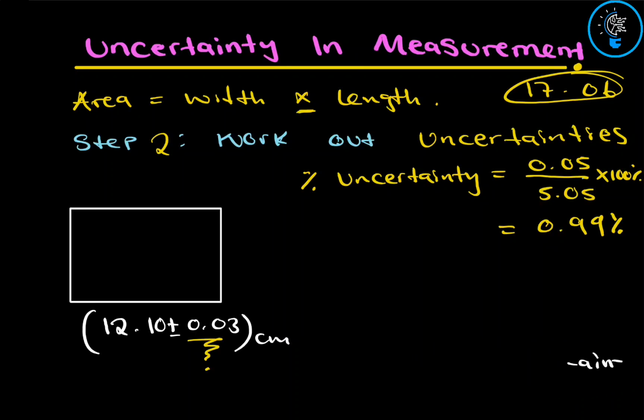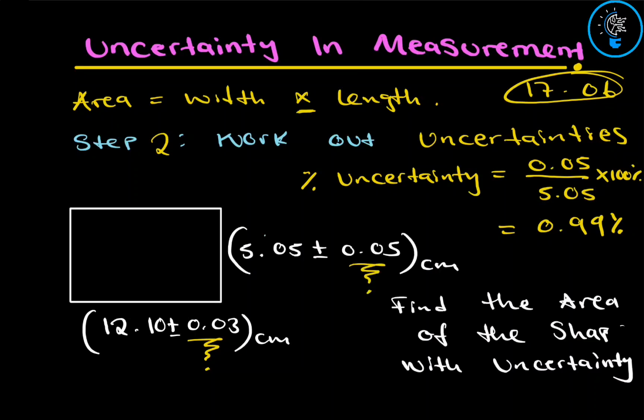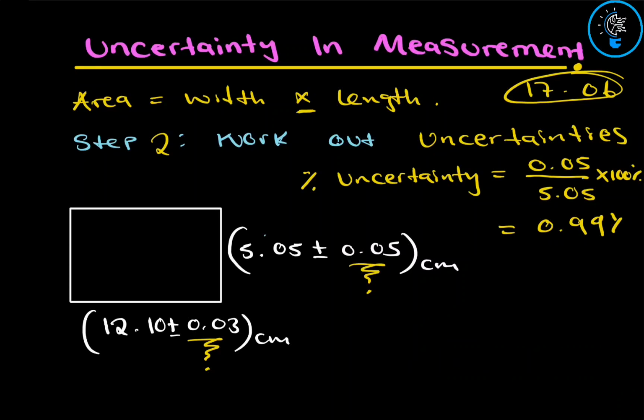Okay, wait a minute. We'll be needing some of the values. We'll be needing this value. So let me get rid of this part. Okay, so now let's find the percentage uncertainty of this other side.